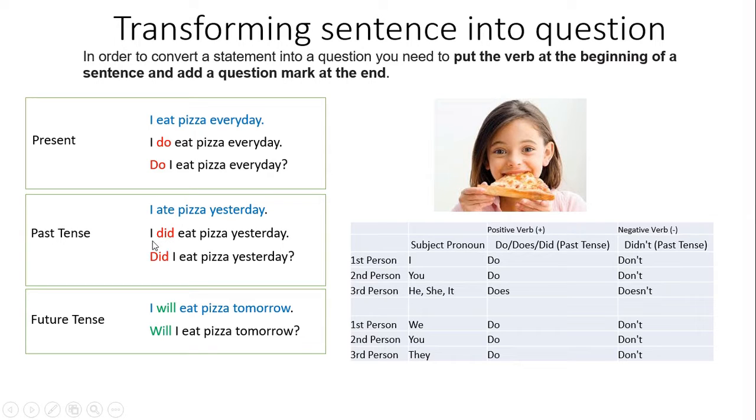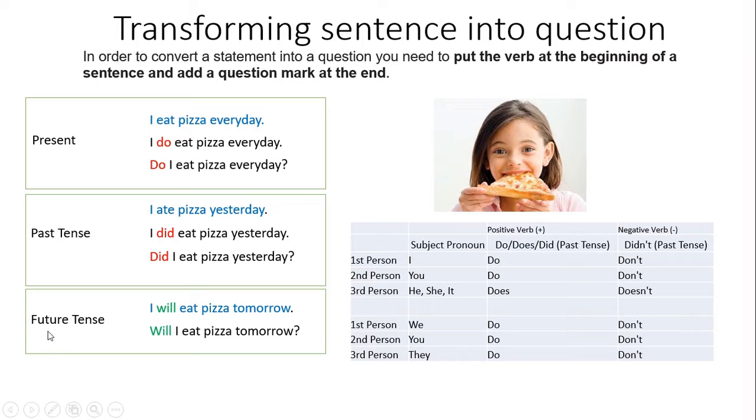So you would say, I did eat pizza yesterday. And all you need to do is just exchange the position of these two words. So from I did eat pizza yesterday, it will become did I eat pizza yesterday with a question mark.